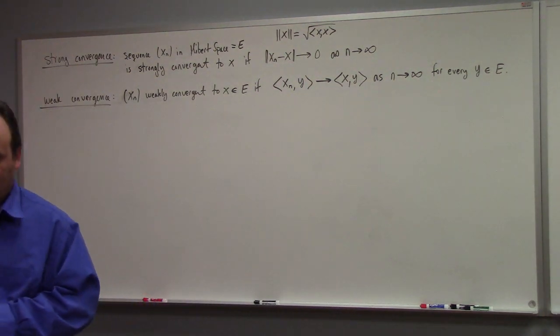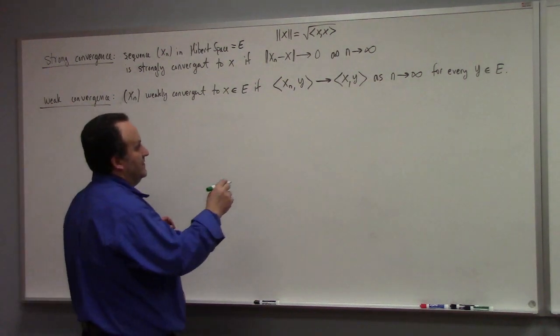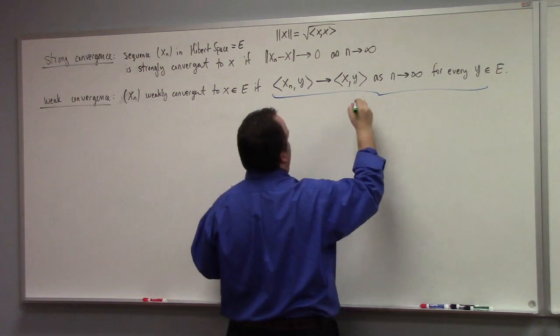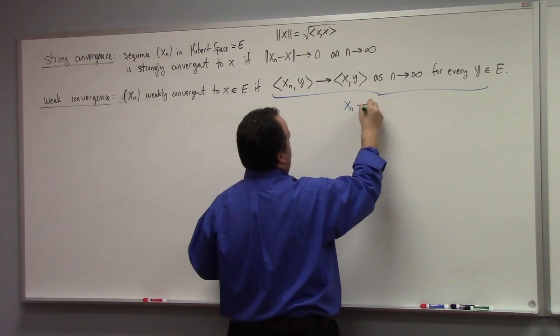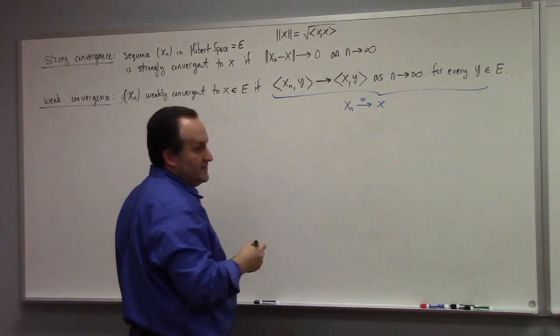What would you like to say? Should strong imply weak? Probably, right? So the first theorem here is that a strongly convergent sequence is weakly convergent, and in fact to the same limit. Also, notation: this is summarized by writing xn goes to x with a w over it, weak convergence.